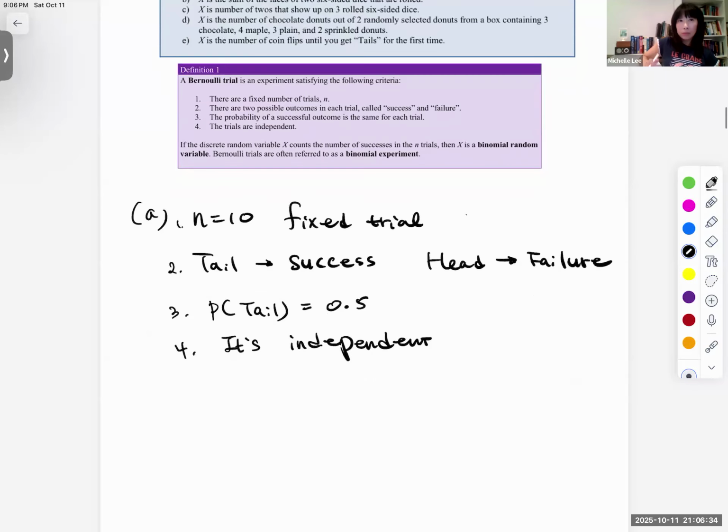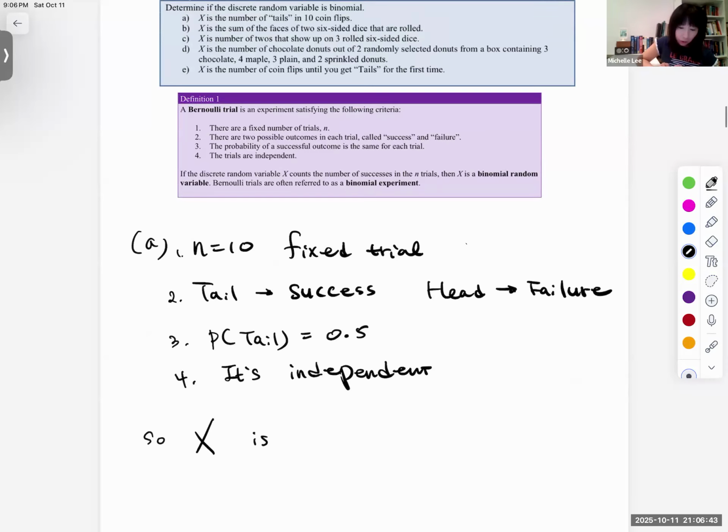So let's denote X as the number of tails in 10 coin flips.